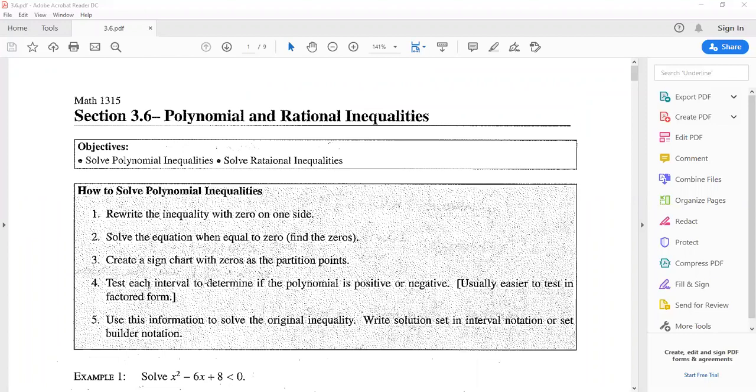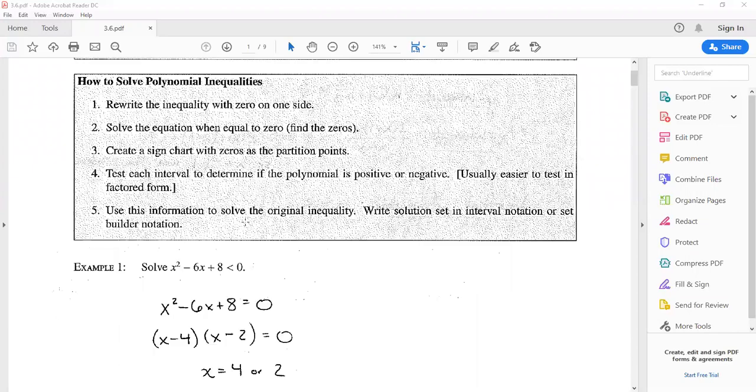In each one of those subintervals, we'll pick our favorite x value and evaluate the polynomial there and see if what we get is bigger than 0 or less than 0. If our test point is bigger than 0, then the polynomial is bigger than 0 all over that interval. Similarly, if our test point evaluates to something negative, then that polynomial is negative all throughout that subinterval.